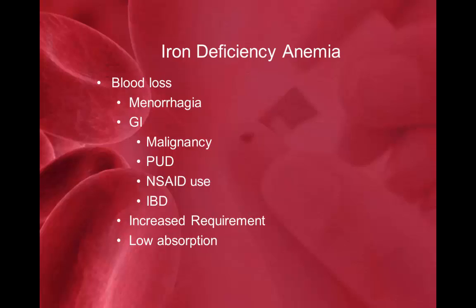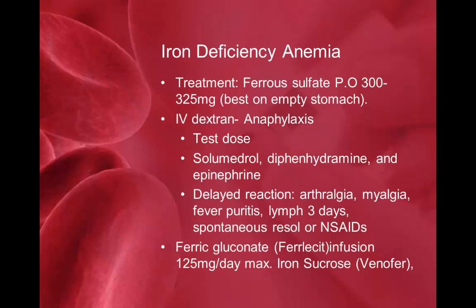Okay, so all the causes of iron deficiency anemia, even though we already discussed the most common, remember, most common, decreased ingestion and GI chronic blood loss, not acute blood loss, chronic blood loss. Okay, so in GI, any malignancy, any peptic ulcer disease, are you taking NSAIDs, or any irritable bowel syndrome or inflammatory bowel disease, any low absorption because you're taking the wrong foods.